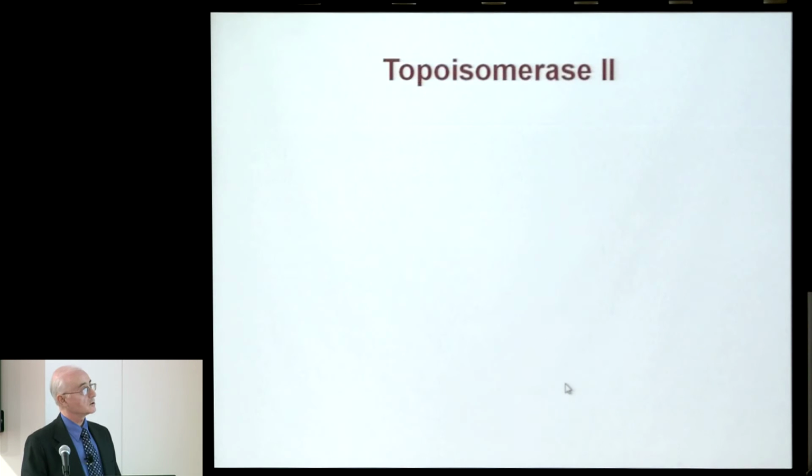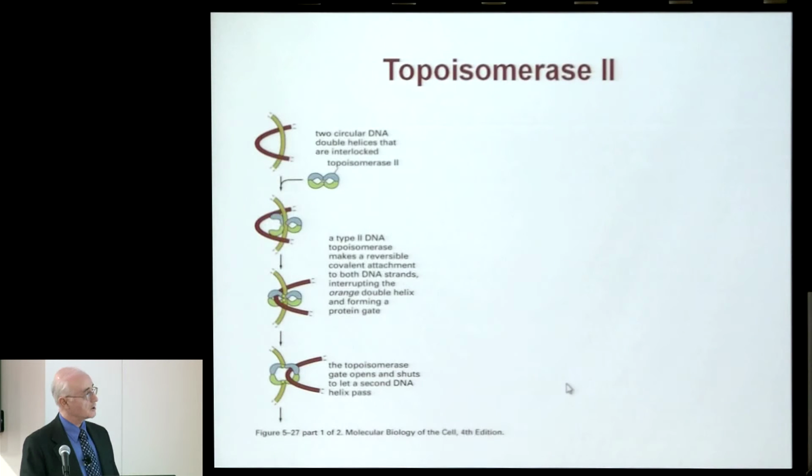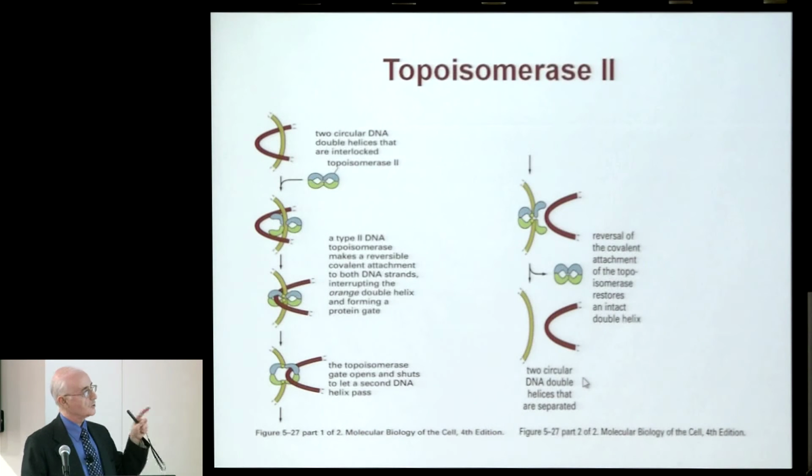There is another one, by the name of topoisomerase 2, and of course this is my target. The reason I am talking about it is because topoisomerase 2 has a major effect on DNA synthesis. So this is a circular DNA, and this is topoisomerase 2.